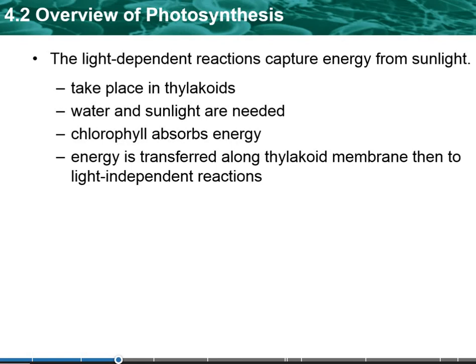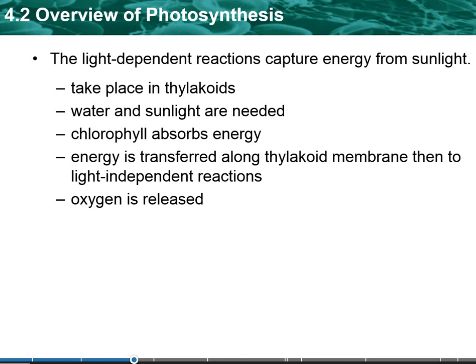So the light dependent and light independent are connected to one another, and the light independent is going to use the products of the light dependent reaction. So also during the light dependent reaction, that's going to be where oxygen is released.